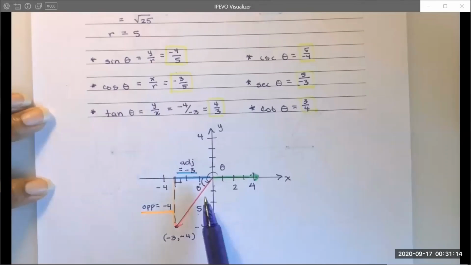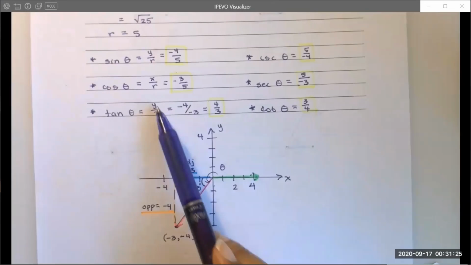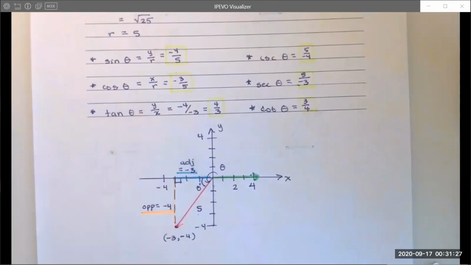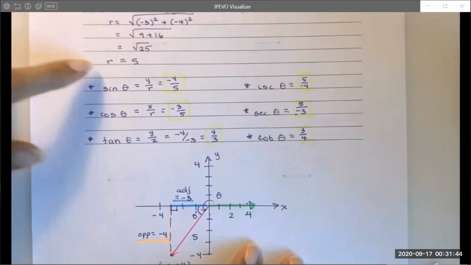And finally, for tangent, that would be opposite over adjacent, which is -4 over -3. And that is exactly the same thing that we got simply by taking a look at the coordinates of the point. So thinking about the trig functions with these definitions, it's a lot quicker to find what they are because you don't have to draw the picture. You just have to see what is x, what's y, compute this r, and plug in.